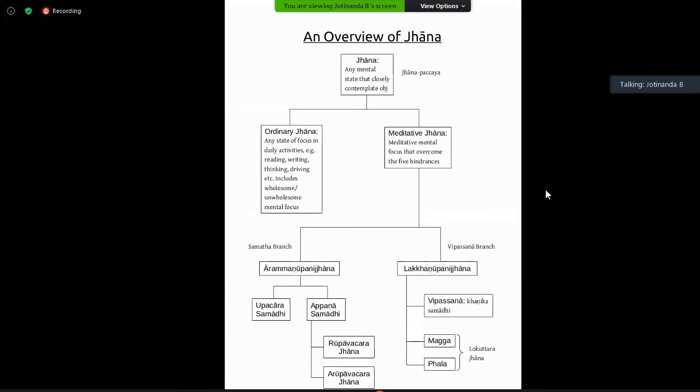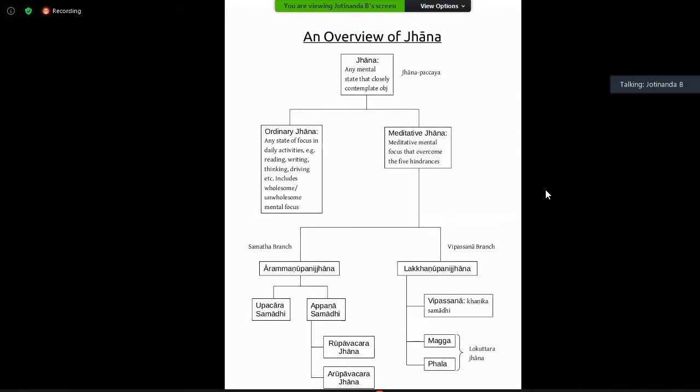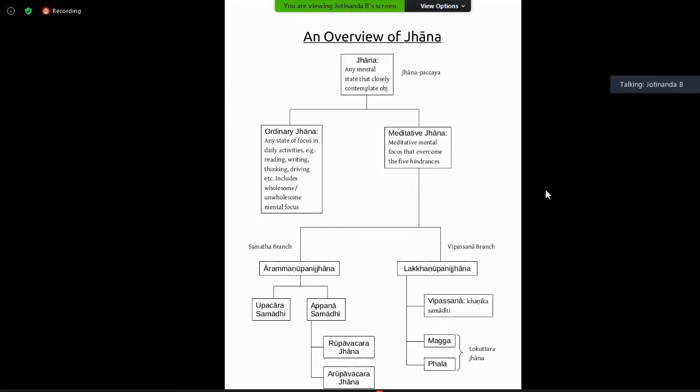We contemplate sabhava lakkhana, the specific or unique characteristic of the object, like hardness, softness, stiffness, tension, heat, cold, knowing, feeling, perceiving, and so on.